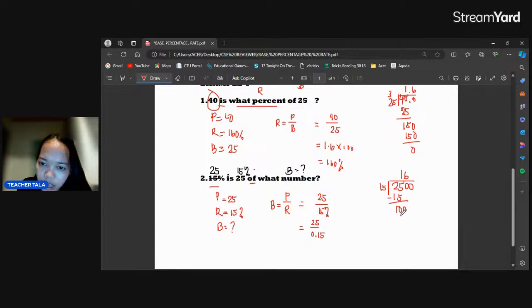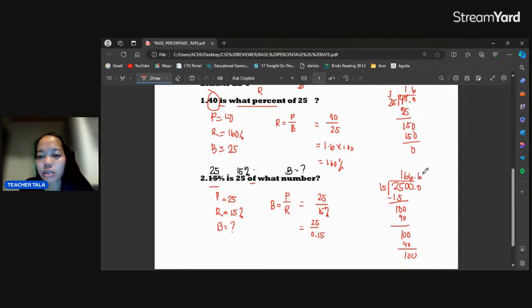And we have 90. Right? 10, 100, another 6. So that's 90. And another 10. So let's add 0, 100. So this is a repeating decimal.